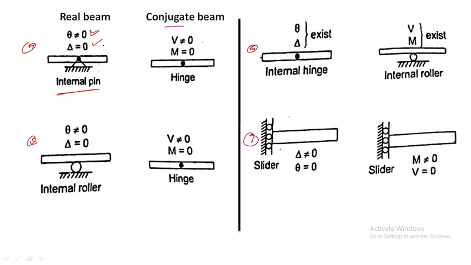But in the conjugate beam, the shear force is not equal to 0 and the moment is equal to 0 at the hinge portion. For an internal roller, slope is not 0 but deflection is 0. Here you can see the difference between the real beam and the conjugate beam for the internal hinge and internal roller.